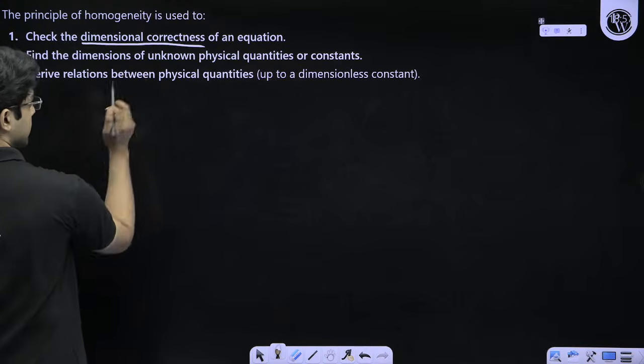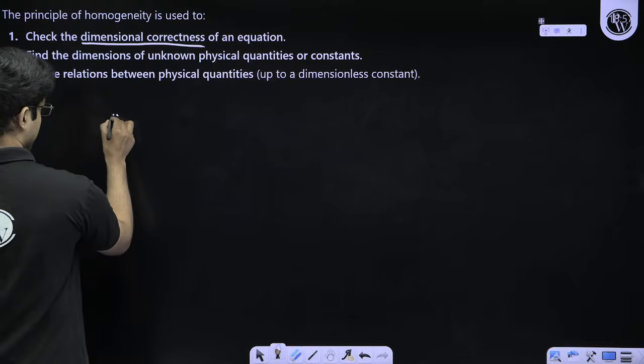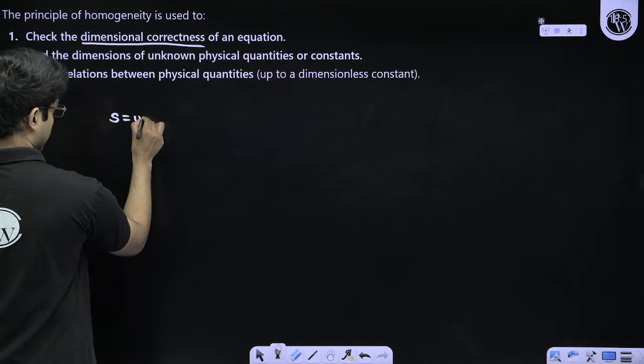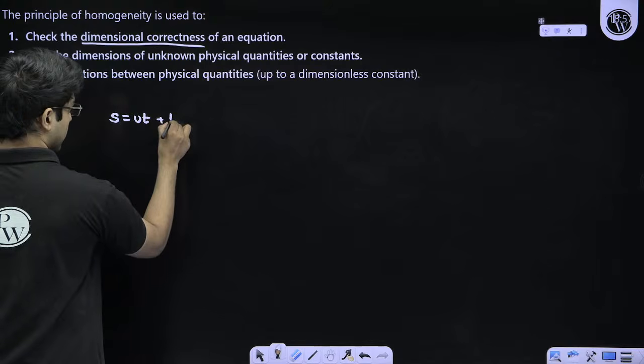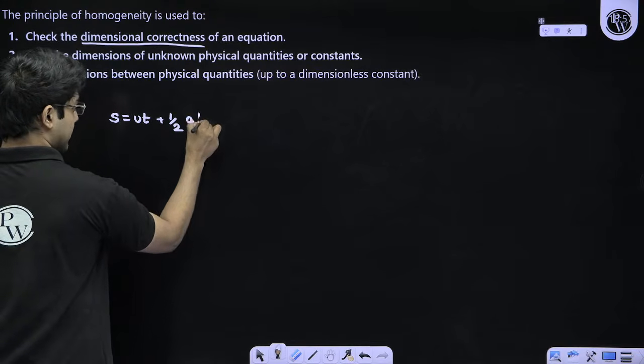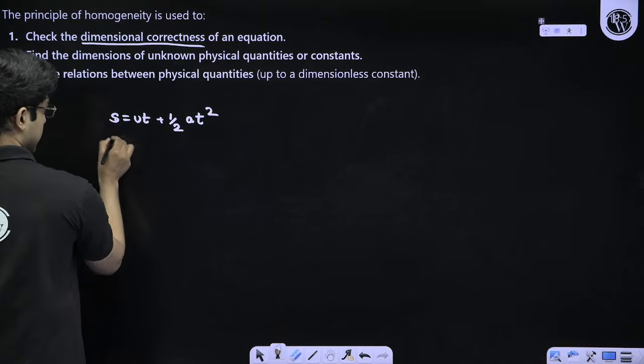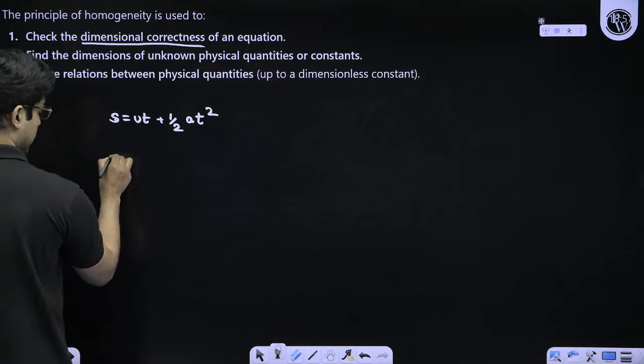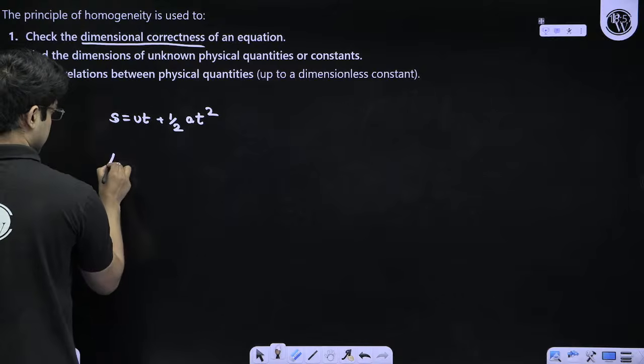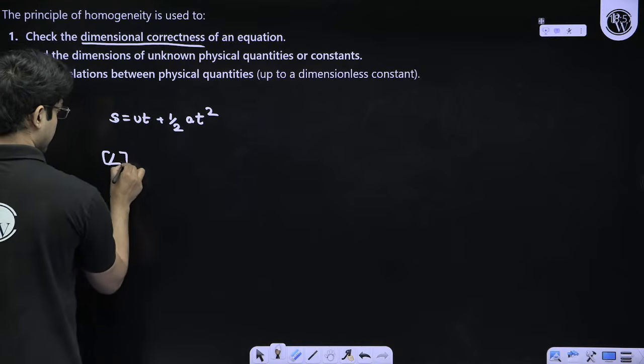To check dimensional correctness, you can use any formula, let's say S equal to ut plus half at square. This was the 9th standard formula. Here S was displacement, which has a unit of meters, so its dimension is L.